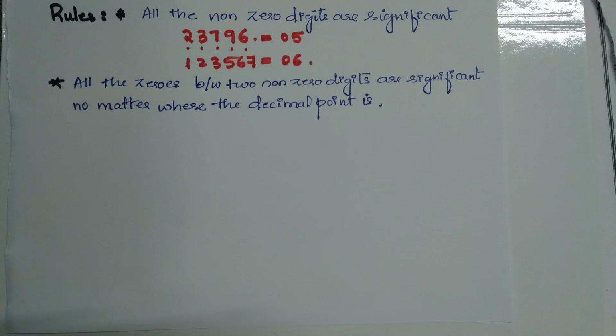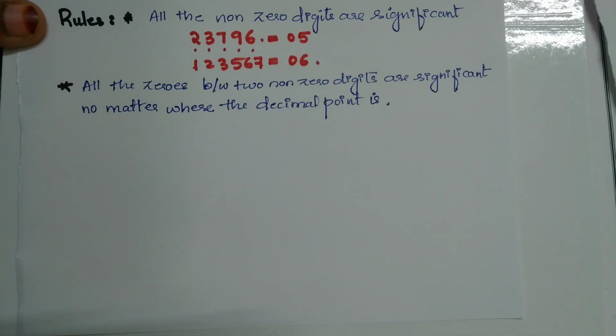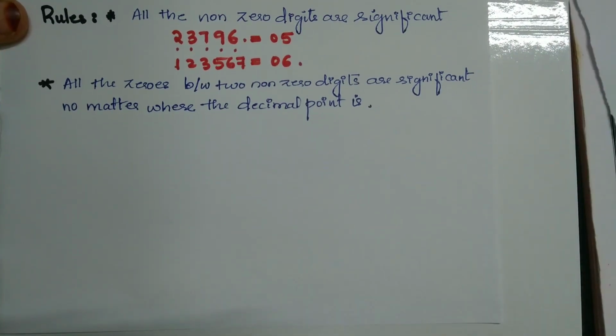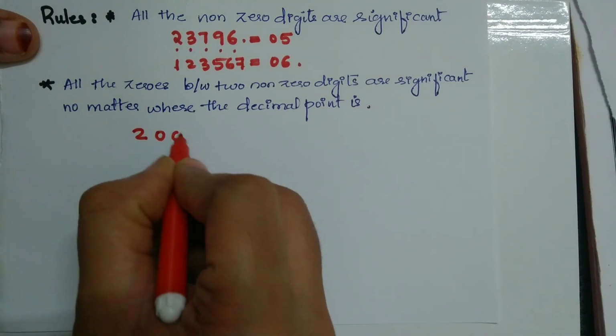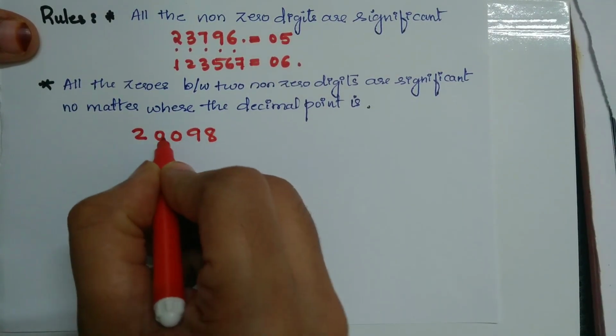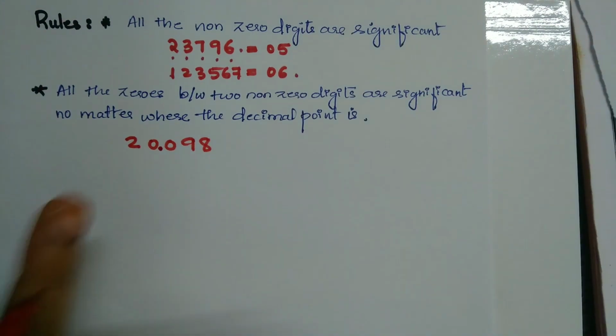So this sentence is again better understood with the help of one example. Let us take one example of, suppose we have 20098 and here we have the decimal point. So can you say as per the definition how many significant figures we have?